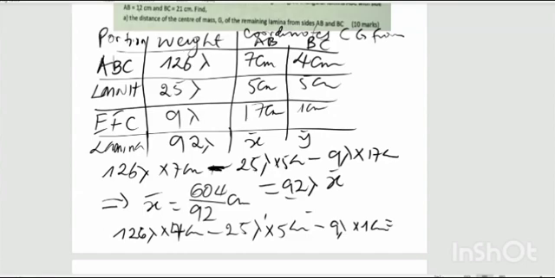All of that should be equal to 92 lambda y bar. And when that's simplified, y bar will give us 370 over 92 centimeters. So the center of gravity coordinates are 604 over 92 centimeters, 370 over 92.